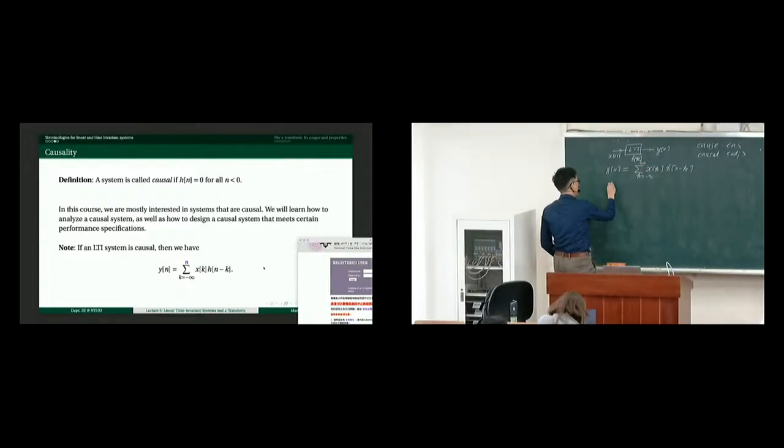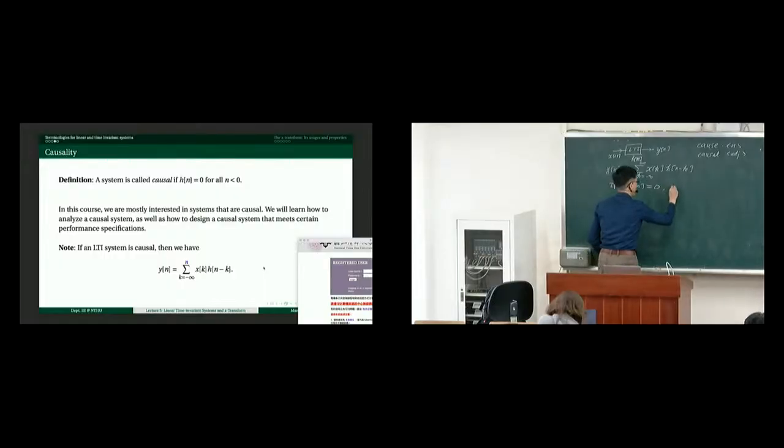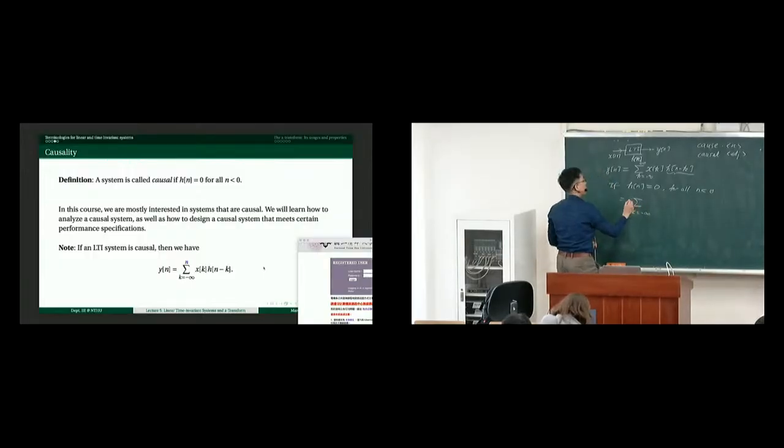But if h of n is 0 for all time before 0, then whenever h is 0 we don't care. So we can still sum the index from minus infinity to the current time.